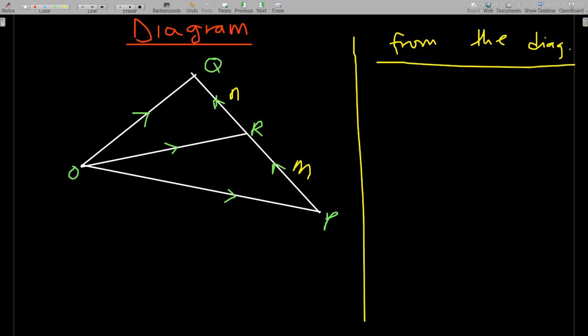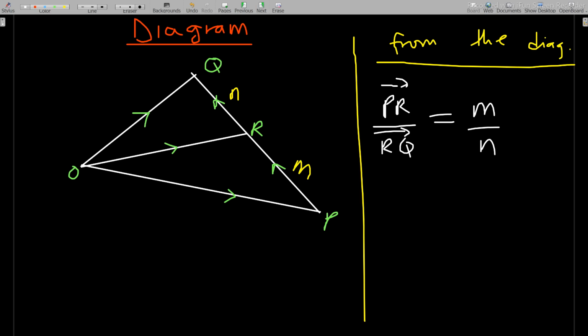The things we can say is that if you pick vector PR, meaning from P to R, and divide it by RQ, because R is moving to Q, then you get the fraction of the ratios. I hope you get it. So this is how the thing looks like.